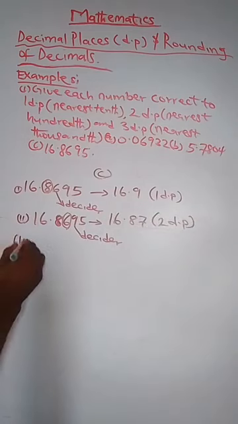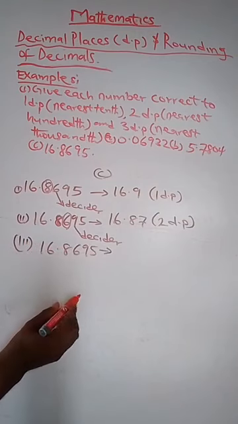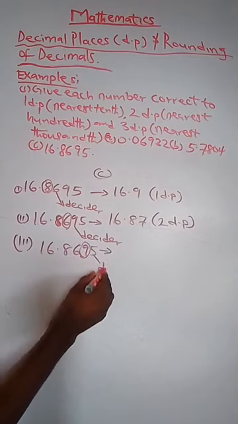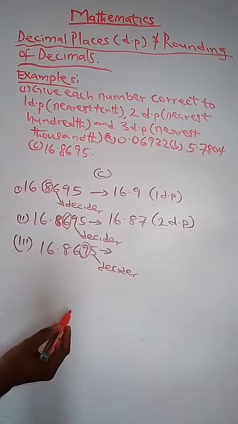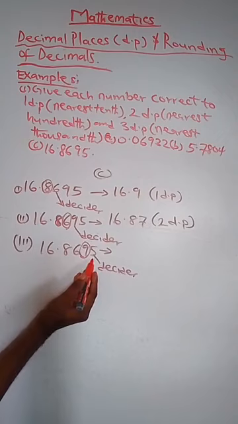Then let's take it to 3 decimal places. This is where we are coming. That is 3 digits after the decimal point. So this is the decider now, right? Since the decider is 5 or more, we round up, add it to this. This will be 10, and add it to this.